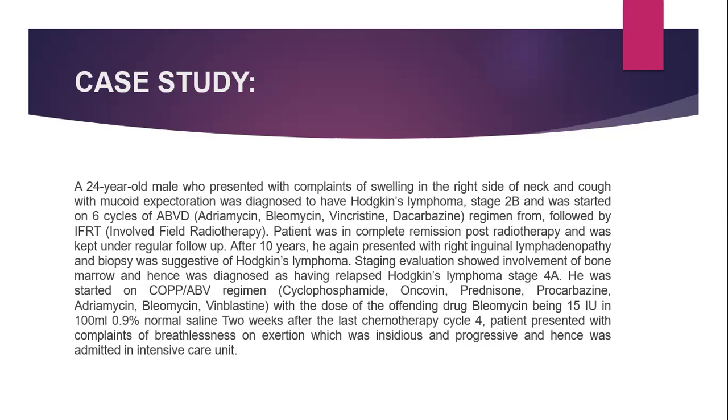He was started on 6 cycles of the ABVD regimen, adriamycin, bleomycin, vincristine, and dacarbazine, followed by involved-field radiotherapy. The patient was in complete remission post radiotherapy and was kept under regular follow-up.